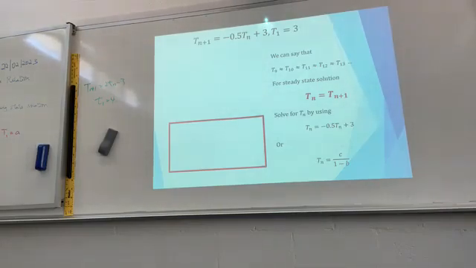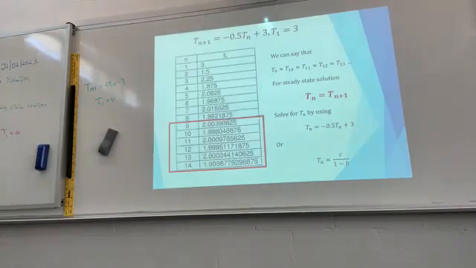You need to get the first 20 terms because I want you to observe from T9 onwards. T9 is approximately 2. There you go. Got it? Generated it? So it should look something like this.